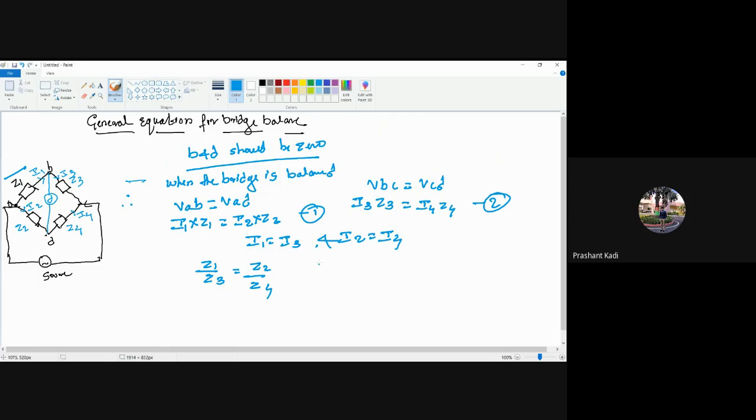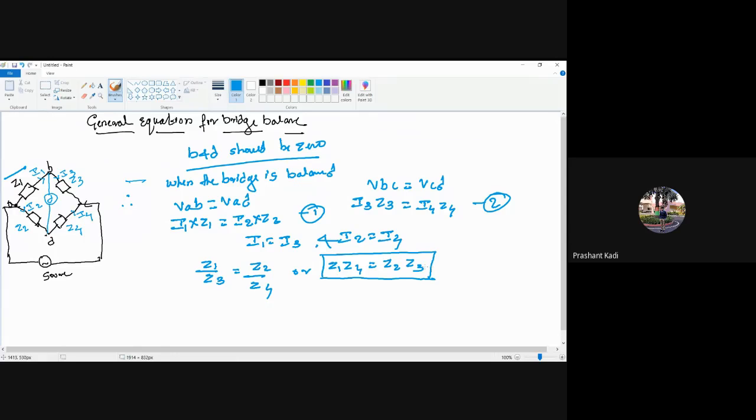Or you can write it as Z1 Z4 equals Z2 Z3. It's the most important balance equation in the case of AC bridges. Remember this equation. It is always applicable for any AC bridge.